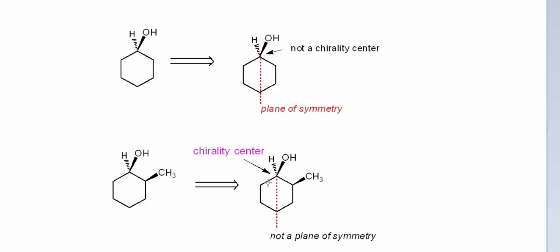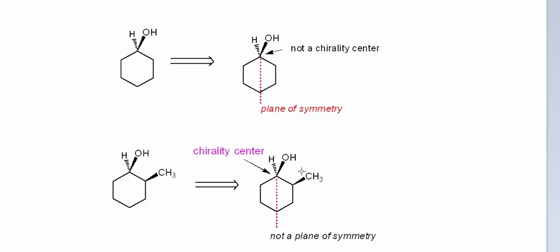If you see here, the left half and the right half are no longer mirror images. Thus, this plane is not a plane of symmetry, and thus the carbon in question is really a chirality center.